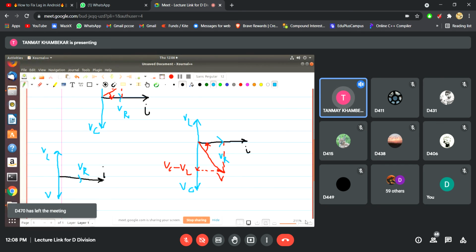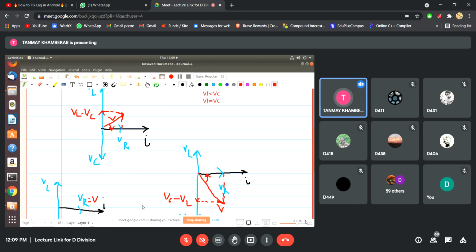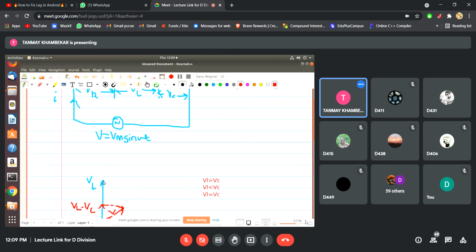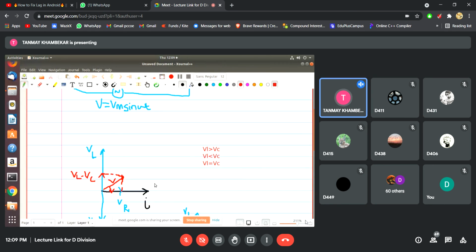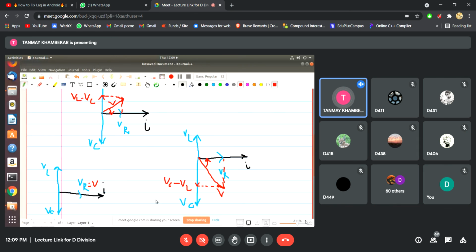So the resultant of VL and VC will be zero, and the overall resultant will be VR. So V will be equal to VR. Got these three conditions in case of the RLC series circuit? Yes, ma'am. So just draw this in your notebook. Write down RLC series circuit and draw these three condition phasor diagrams.